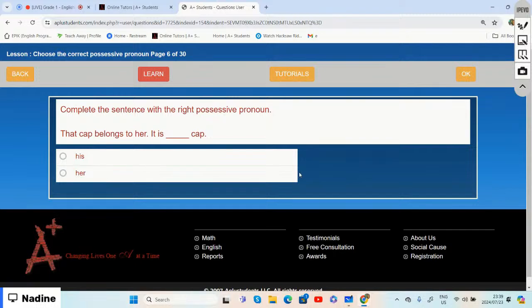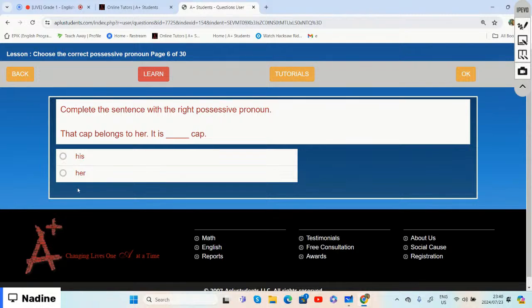The next one says that that cap belongs to her. And if something belongs to her, do we say it is his cap?